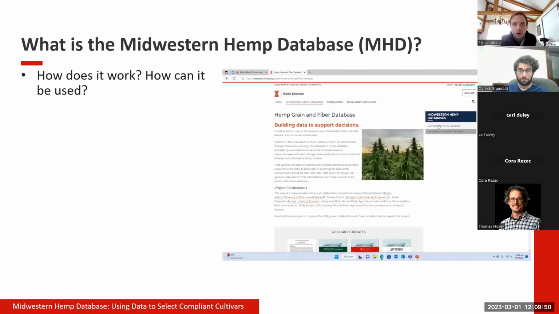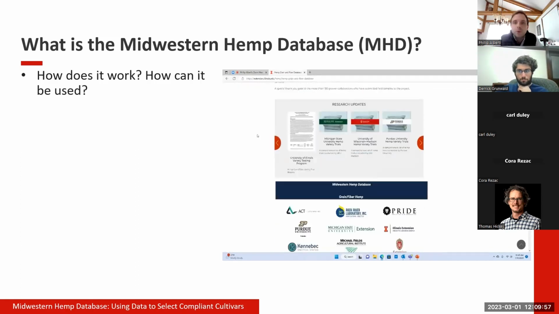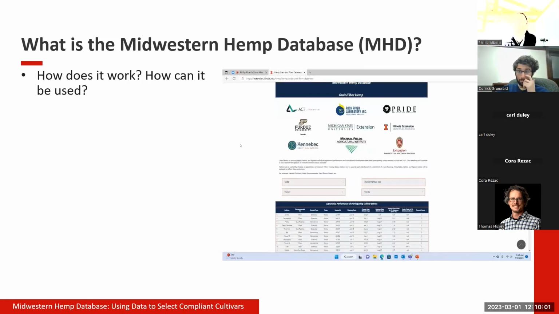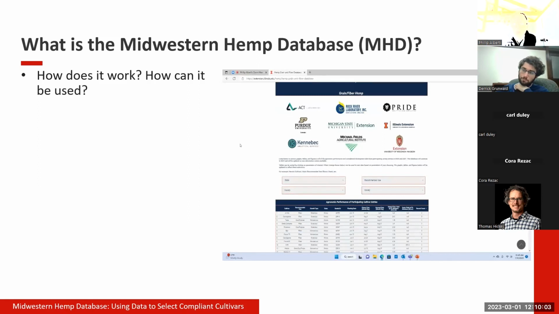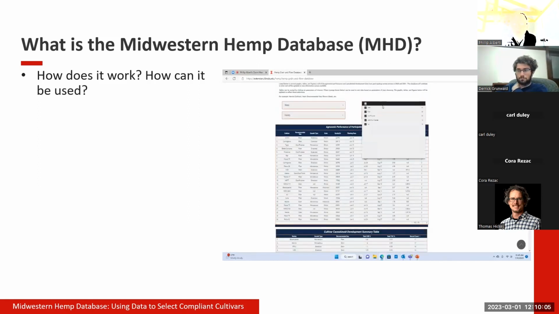So how does this thing work and how can it be used? This is the home page for the hemp database. What I wanted to demonstrate here is that we provide the research reports from each of the universities, and all of that information gets put in here. But then you can access this interactive display that allows you to look at different types of hemp, whether it's grain, fiber, or cannabinoid type hemp.